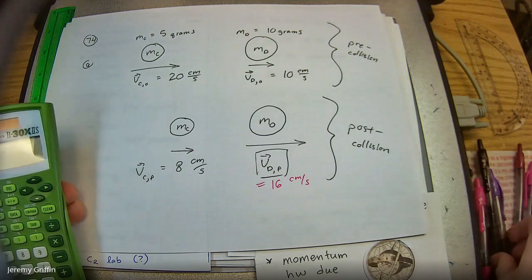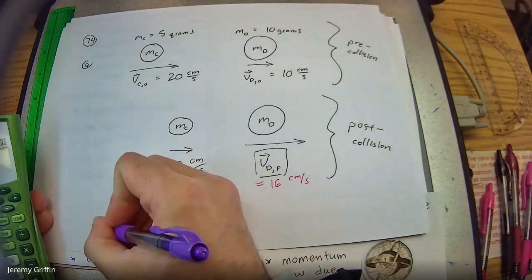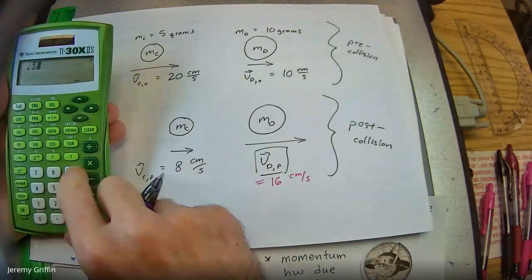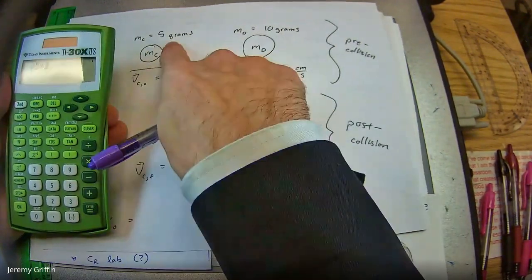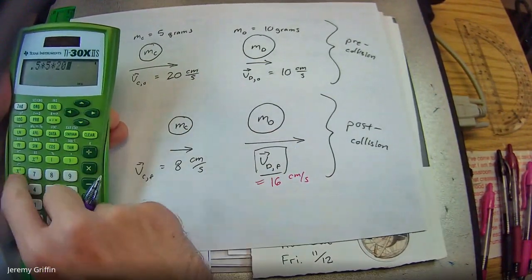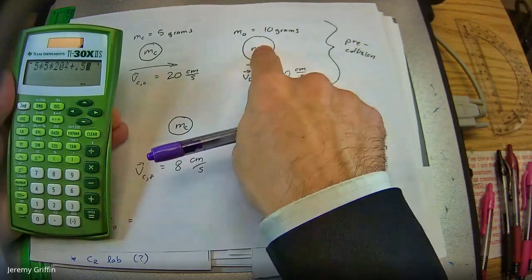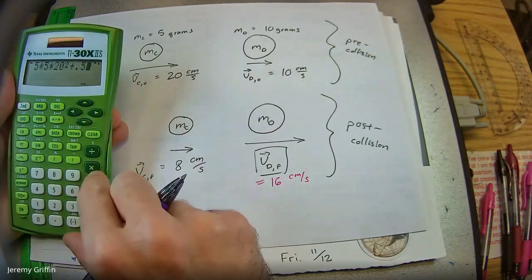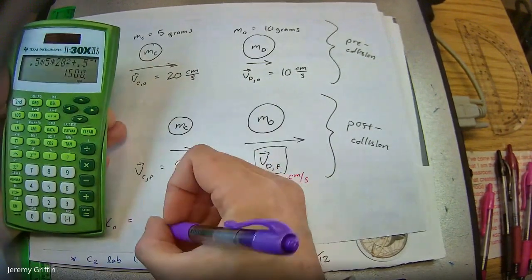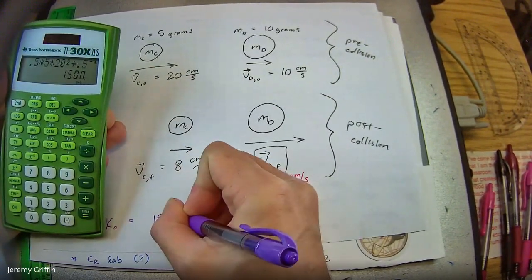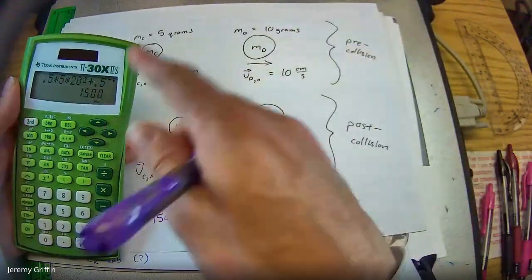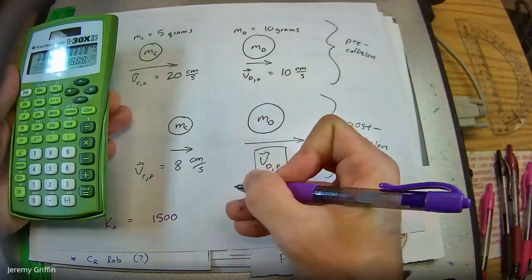Here. What is K naught and what is K final? So kinetic energy initial, before the collision, was, let's see, 1/2 mv squared, right? You guys remember that? 1/2 times 5 times 20 squared, plus 1/2 times this m times this v squared. That looks like the number is 1500. Now that's not exactly joules because I'm using centimeters and grams instead of meters and kilograms, but 1500 units of energy.